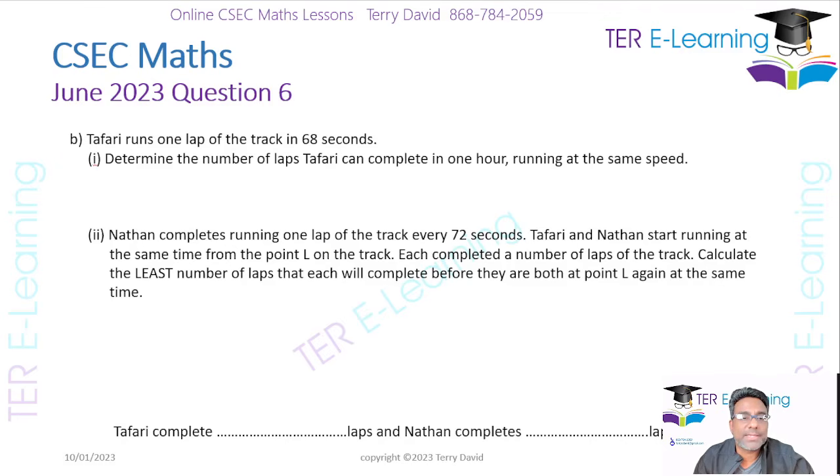The next part, Tafari runs 1 lap of the track in 68 seconds, right? Determine the number of laps Tafari can complete in 1 hour, right? Now, all we need to do here is to figure out how many seconds do we have in 1 hour, right? So 1 hour is going to be, you have 24 hours, right?